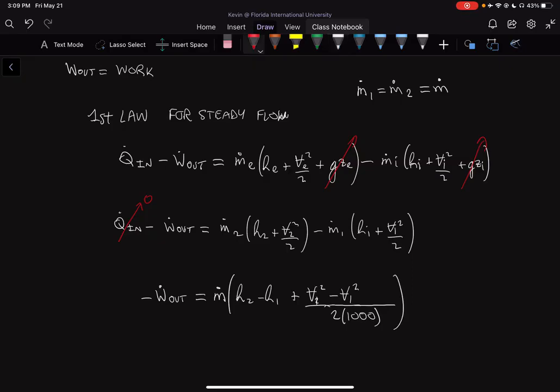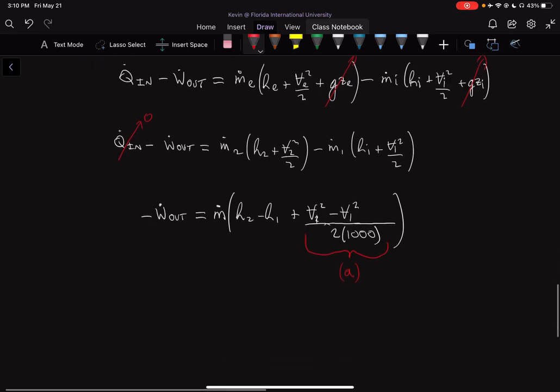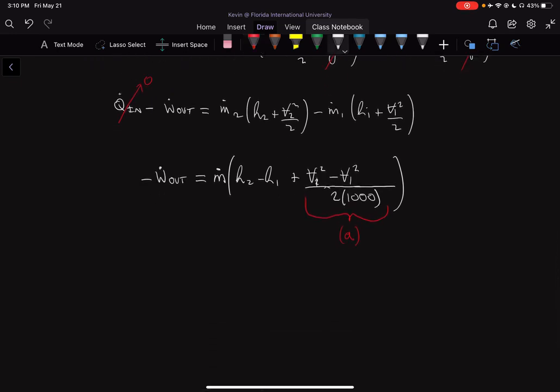Now, we've already computed this term. This is part A, so we can just plug in for this term from part A. I'm just going to flip the signs so we can find positive work dot out.